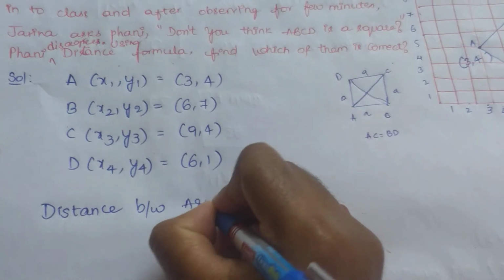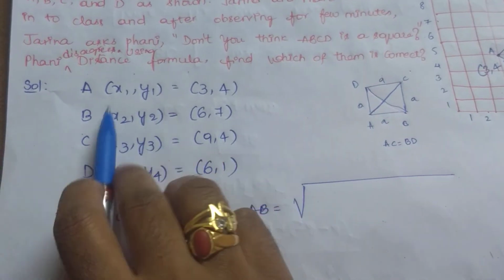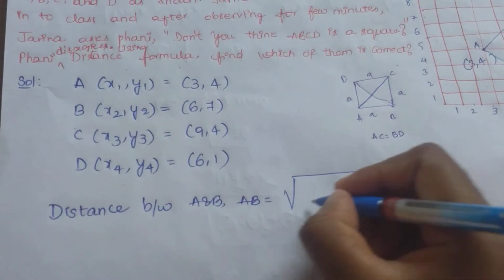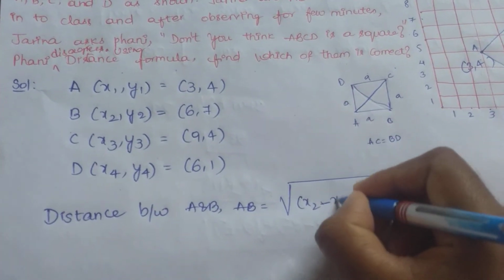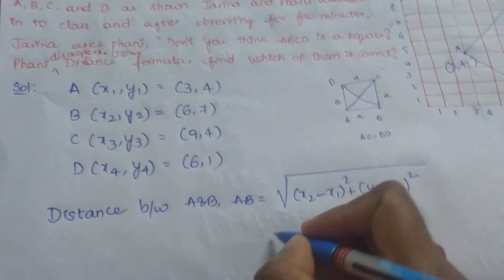Distance between A and B, that is AB, equals square root of (x2 minus x1) whole square plus (y2 minus y1) whole square. Clear?